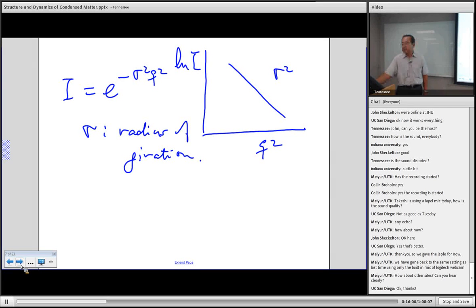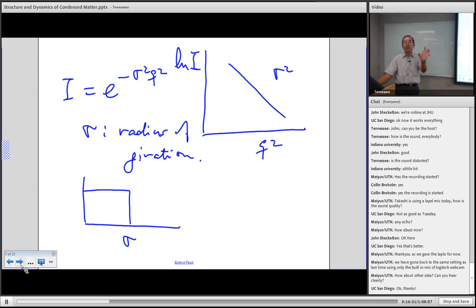This is quite often the case, but the object doesn't have to be Gaussian, right? Another extreme is that the rho of R is a well-defined square function, constant up to a certain sigma and then zero beyond.